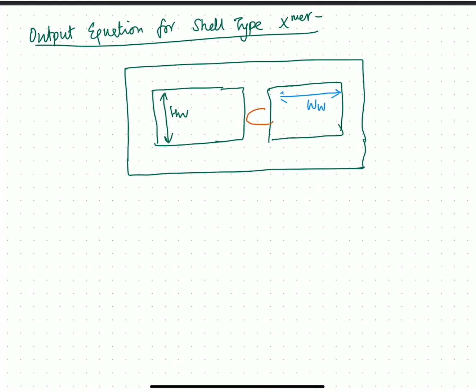And this is iron area AI, and rest of the dimensions are the same as discussed in the previous slide.